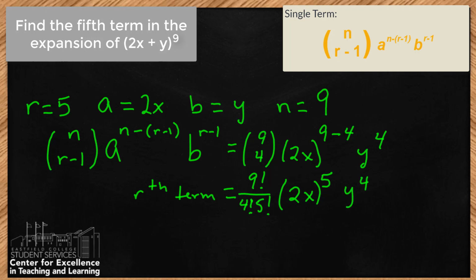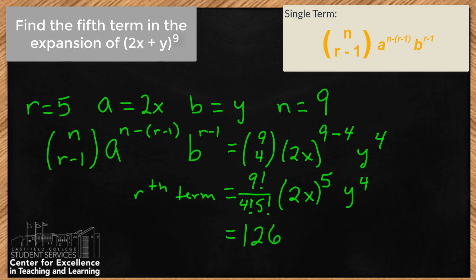Now we just have to calculate this: 9 factorial over 4 factorial times 5 factorial. You can calculate it however you see best, either on your calculator, or you can multiply the whole thing out. You could use cancellation. So once you calculate the coefficient, 9 factorial over 4 factorial times 5 factorial, it's 126.